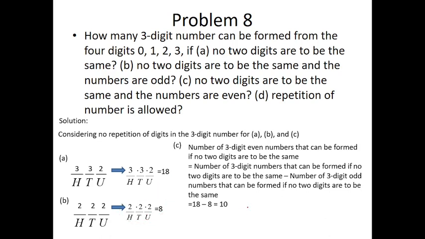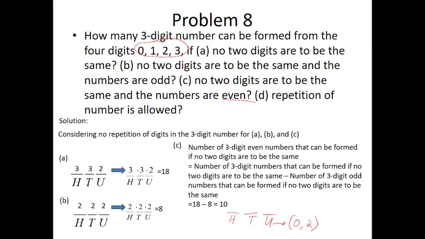Alright. So, no two digits are to be the same and the numbers are even. Okay? So, from the digits 0, 1, 2, and 3. From here, we can select 0 or 2.